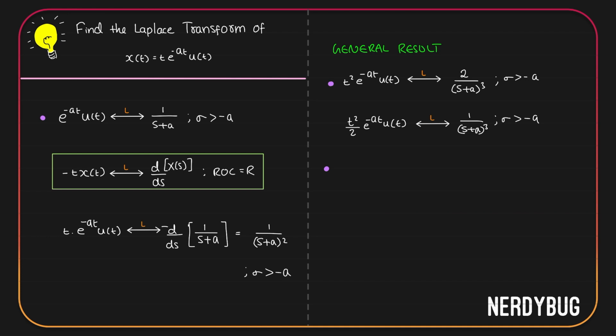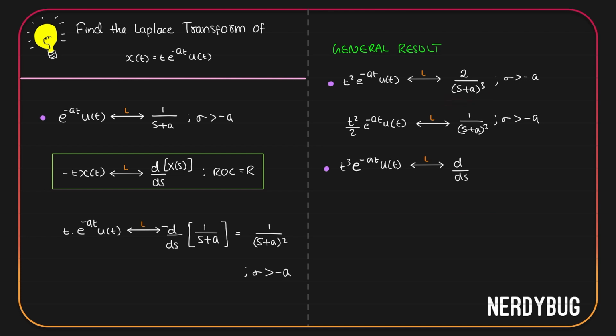How about we try to find out t cube e raised to minus at u of t. This is actually t times this one. So to get that, you'll have to find the derivative of the Laplace transform of t square e raised to minus at u of t with respect to s.